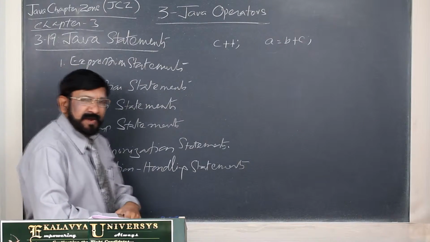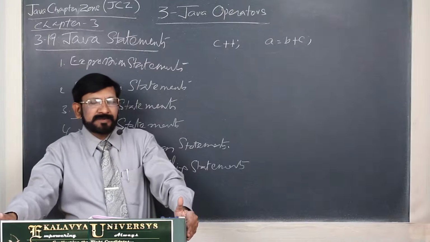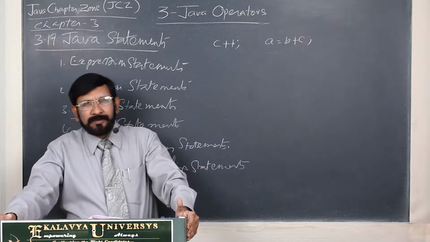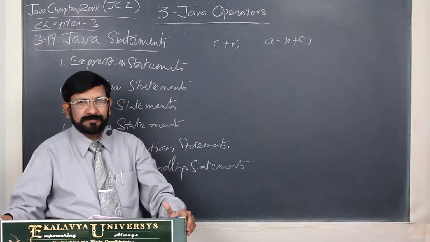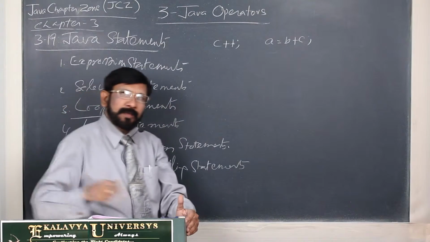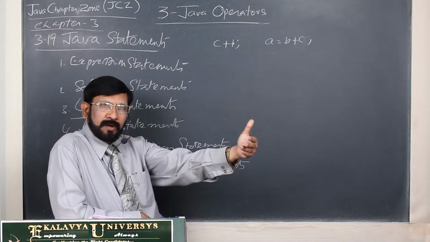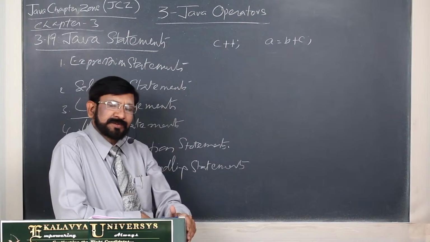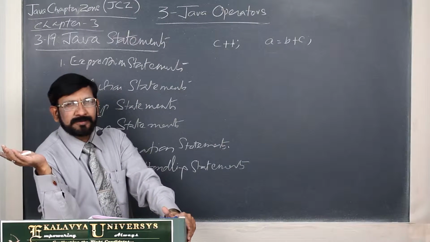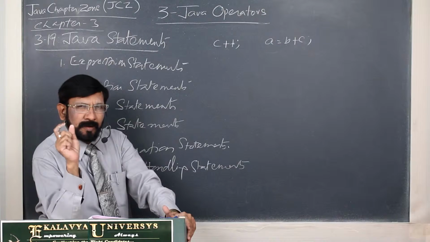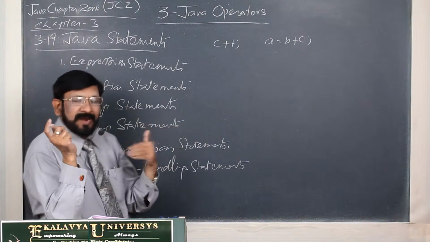And thereafter selection. Actually, in the next chapter, the 4th chapter, we discuss this. Java provides selection control structures. Whenever you have to take a decision, one condition is there. The condition is true or the condition may be false. So subject to the condition we take a decision, that we select.